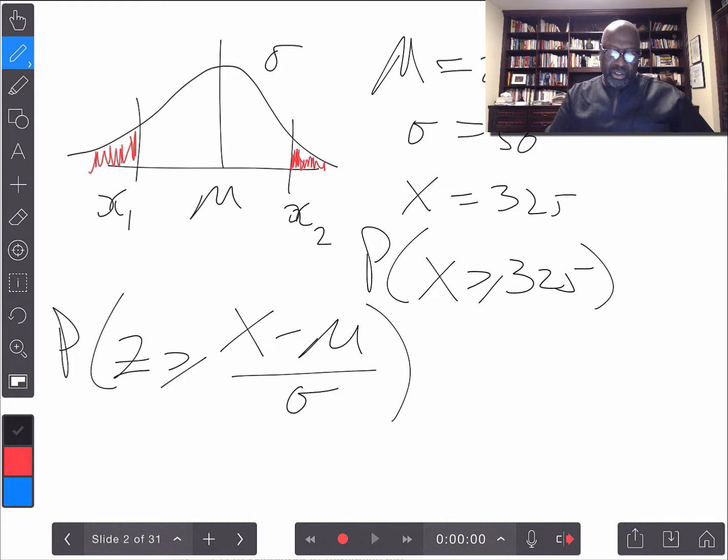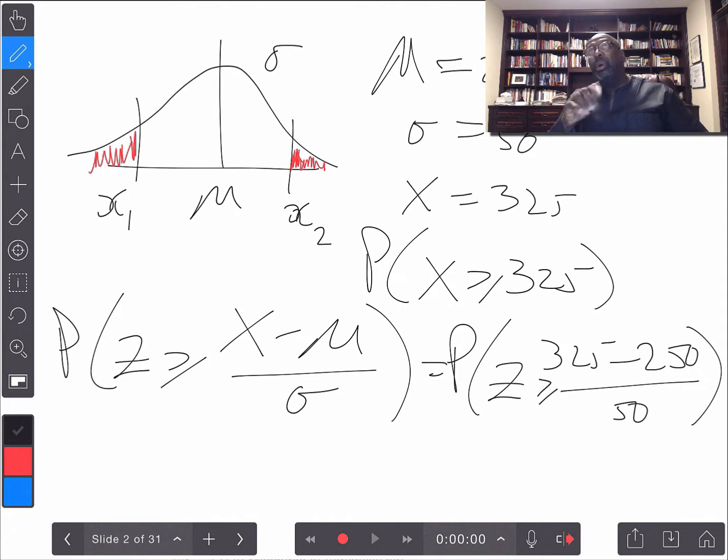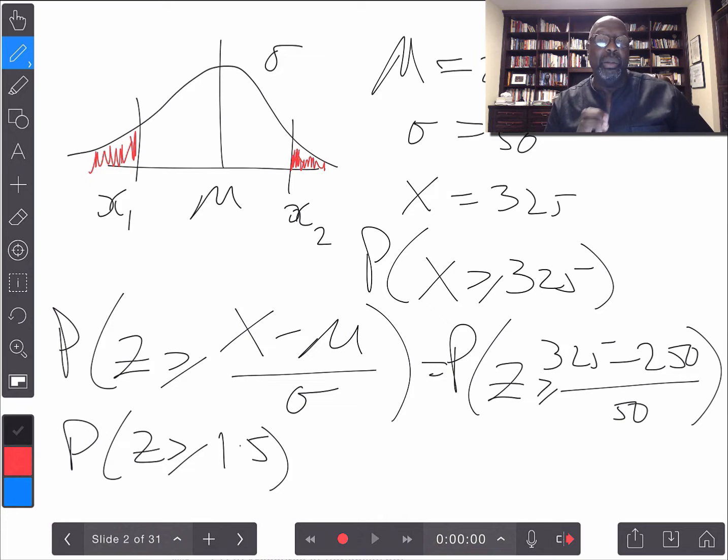In this case, z greater than or equal to (325 minus 250) over 50, which is 75 over 50, so z would be 1.5. The probability of z greater than or equal to 1.5, we simply look up in the table. I'm not trying to do a complete normal distribution problem, just to jog your memory very quickly.